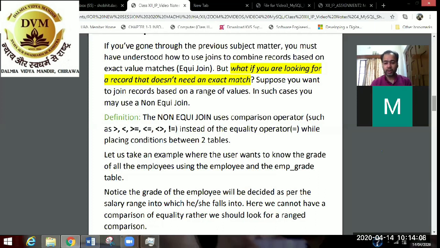If we wish to join tables where we do not have a column with exactly the same value, we can place a condition between the two tables using less than, greater than, less than equals to, or greater than equals to. In such a scenario, we can have a non-equi join.